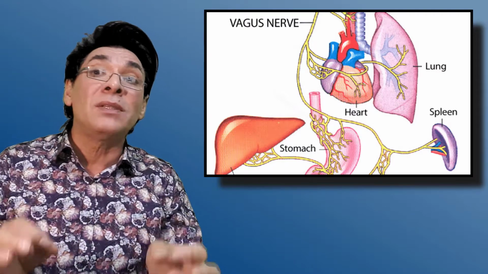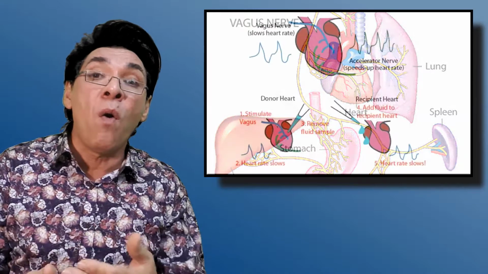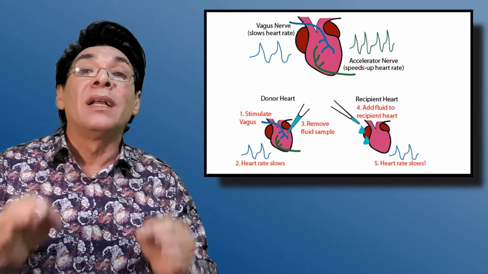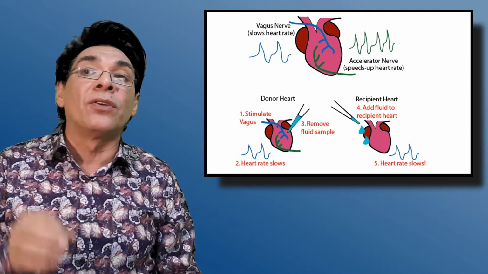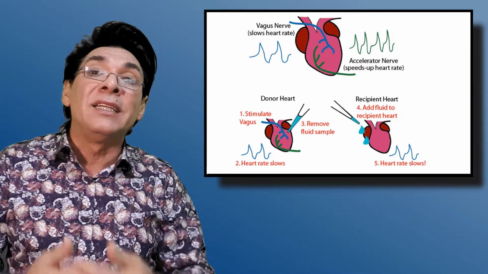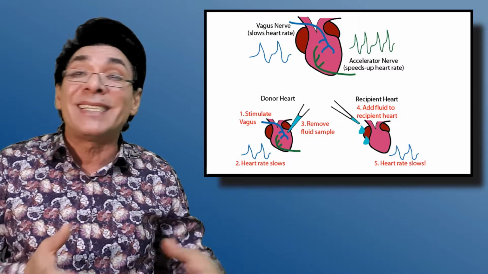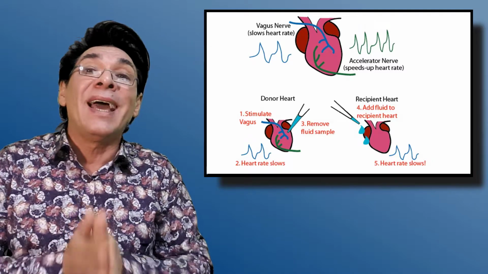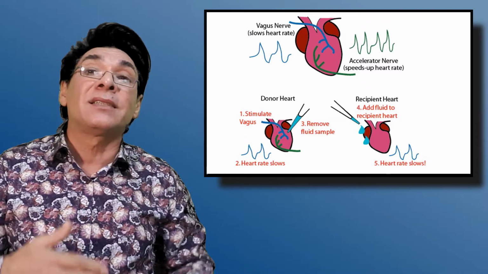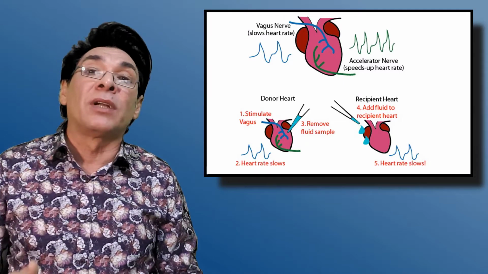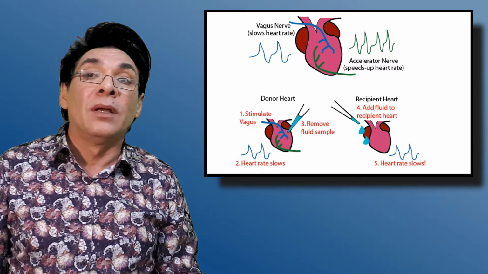Acetylcholine slows HR by opening chemical or ligand-gated potassium ion channels to slow the rate of spontaneous depolarization, which extends repolarization and increases the time before the next spontaneous depolarization occurs.